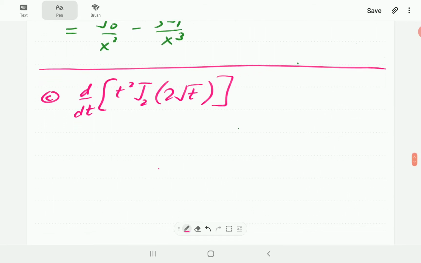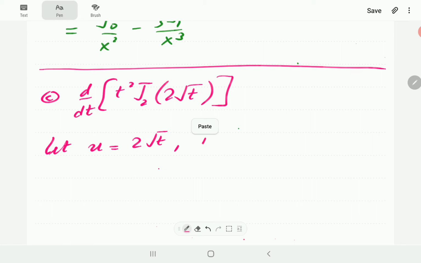So before we differentiate, we're going to have to use the chain rule to rewrite the whole expression, because we want this variable to be the same variable as what we have there. So we're going to let u be equal to 2 square root t, and then we're going to want to write everything in terms of u.